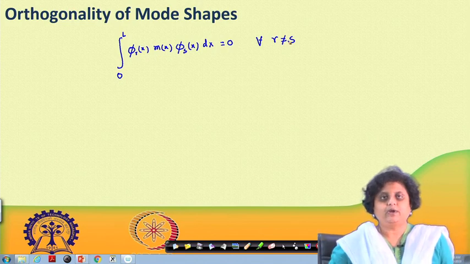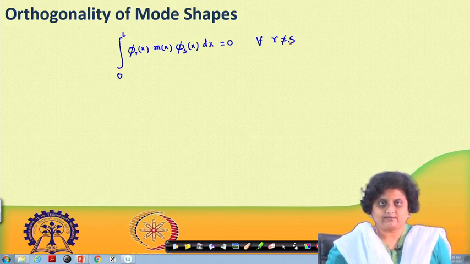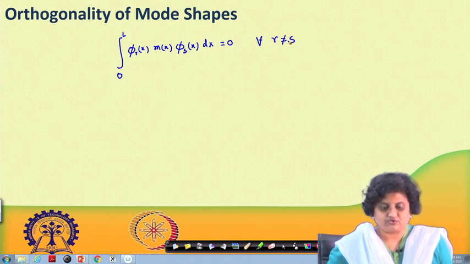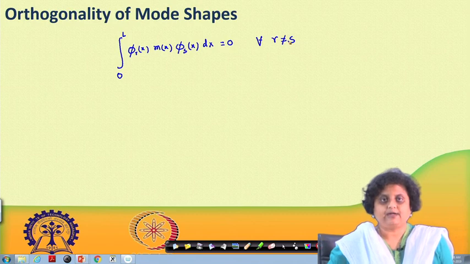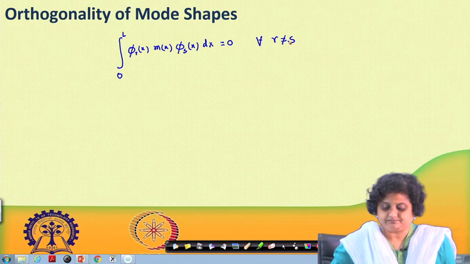This we have been discussing through examples in several forms in the last few lectures. We have also derived this condition for the axial vibration in a rod. So, our next topic is to derive this condition for an Euler-Bernoulli beam.